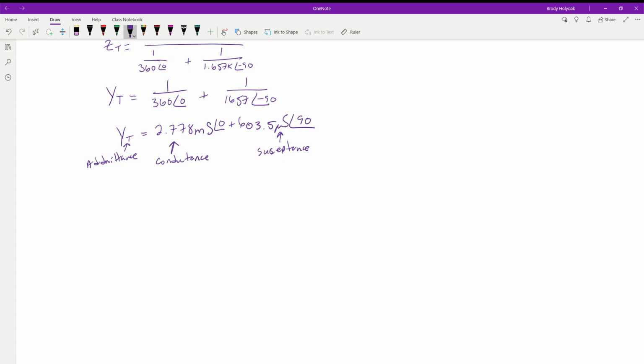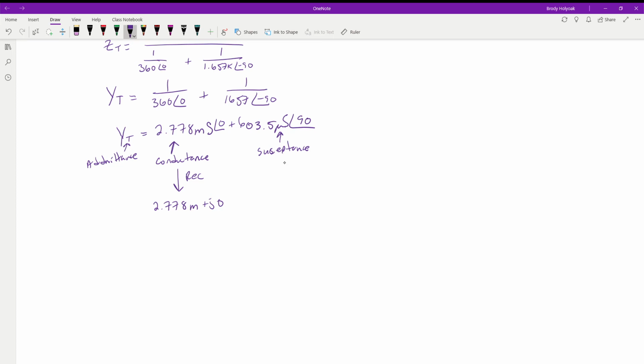So we have our conductance, and just like we did before, we can still make these conversions. We have an angle of 0, so that means this is pure resistive, or pure real. There's no imaginary value to it. So this value we're going to convert into rectangular is equal to 2.778 milli plus j of 0.